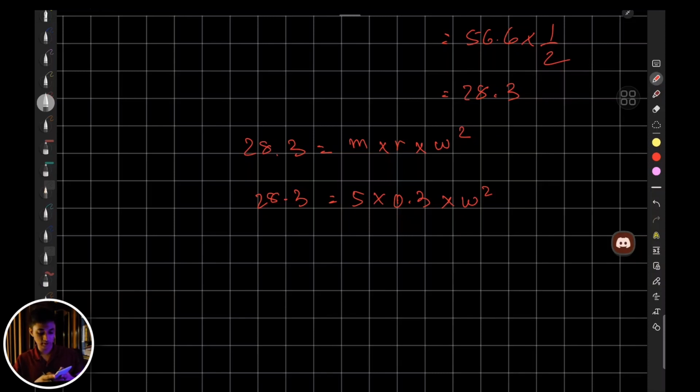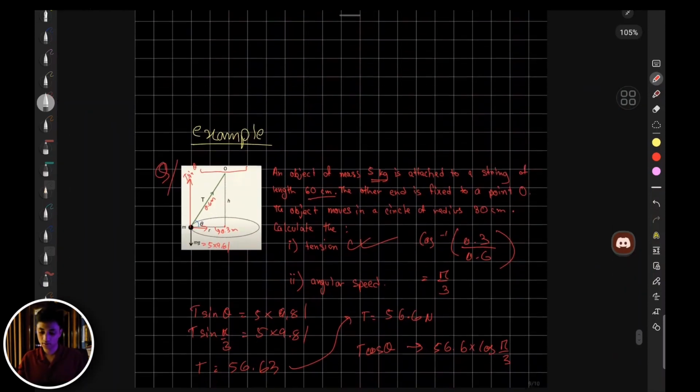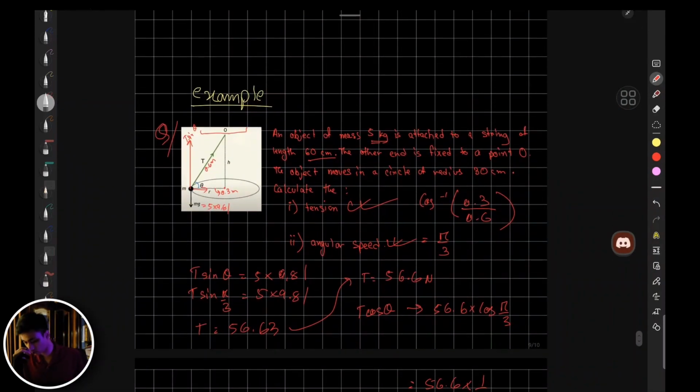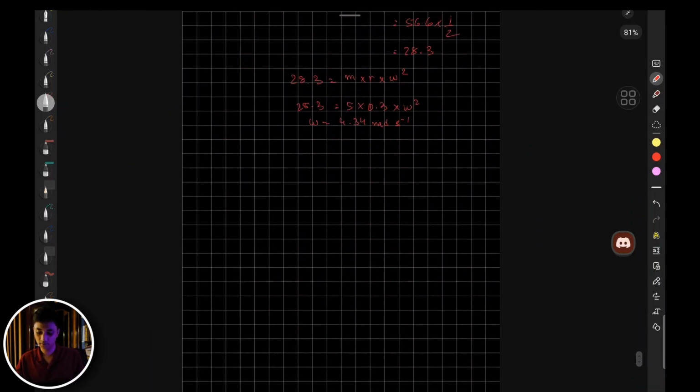So omega is the square root of 28.3 divided by 5 times 0.3, which is 4.34. Omega is 4.34 rad per second. So we know the tension and we know the angular speed. Okay, great.